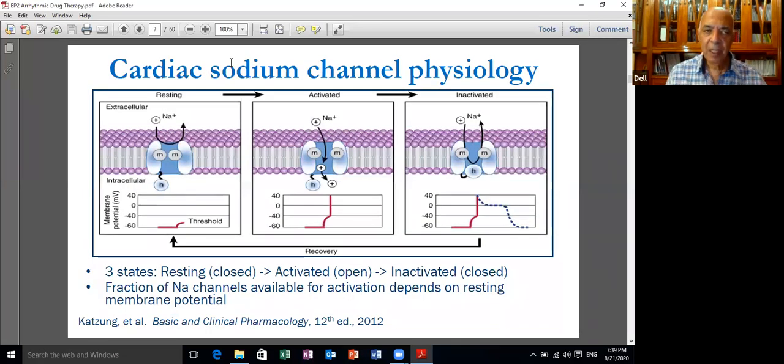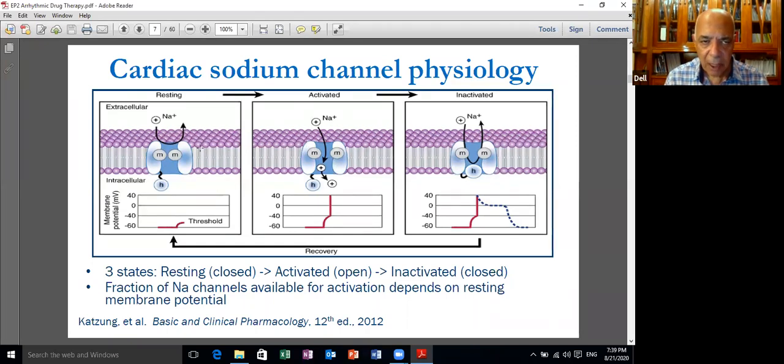Now, this is the diagram which led Hodgkin and Huxley, 50 years ago, to win the Nobel Prize for Physiology. We have the sodium channel here, present in 3 forms: a resting state, an activated state, and an inactivated state.